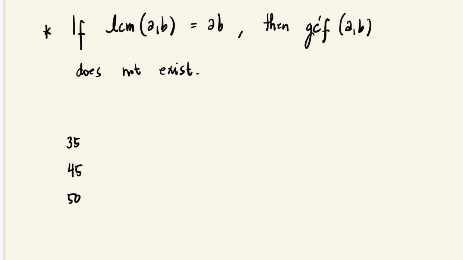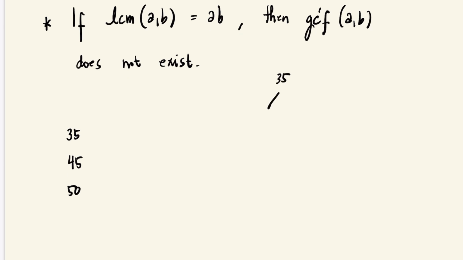Okay, so let's try this example. So, we're interested in finding the LCM of 3 numbers. Okay, yung kanina is dalawang number. In fact, sa definition is dalawang number. But we can generalize them actually by taking the 3 numbers, 4 numbers, and so on. Yung tatlong number dito is 35, 45, and 50. You have 35, you can create a factor tree here. So, we have 5 and 7.